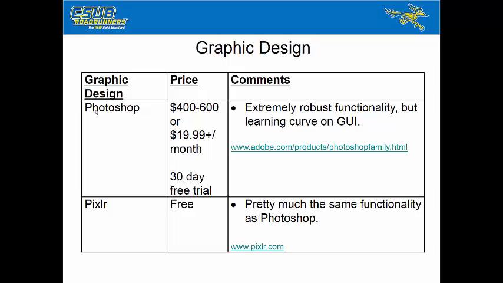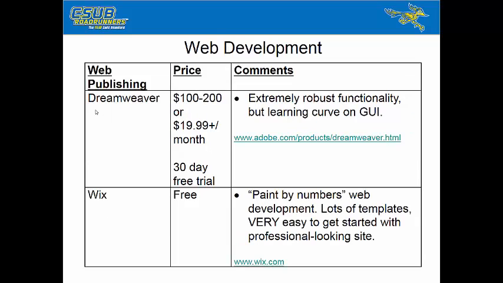A lot of times it's helpful to have a graphic description of something, and it's much easier to put those graphics together in Photoshop and then move them into the website than it is to try to build them in the website directly. So that's why we use Photoshop and Pixlr, so that we can create graphics that we put into a website.